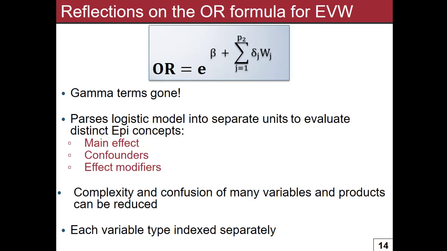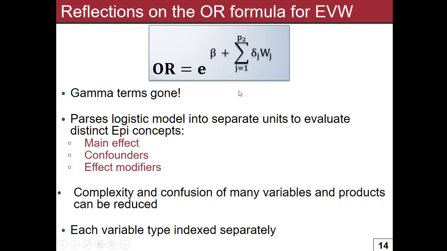And what's nice here, again, I've said it several different ways, is that this EVW model lets you parse the logistic model into things we care about as epidemiologists: the main effect, the confounders, and the effect modifiers. Especially when we get into modeling strategy, you can find yourself in a situation where you have 5 or 6 confounders and, when you think about all the ways you can make interaction terms, maybe 20 effect modifier variables, and the bookkeeping can get nuts.